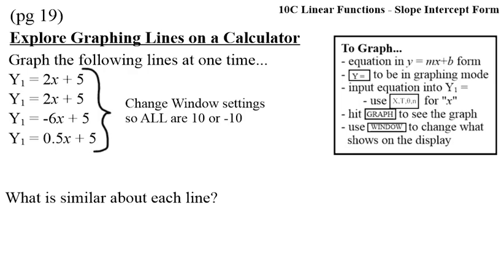So if we take a look at page 19, it gives you 4 lines there. So I want you to go into the graphing and punch in those, input those 4 lines to be graphed.